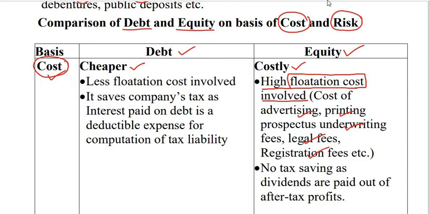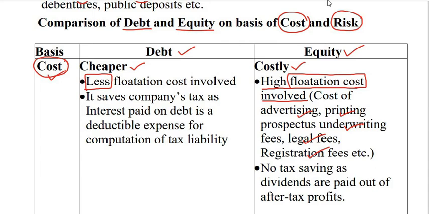So if you are issuing equity in the market, the flotation cost is very high. But if you compare it with debt, debt involves less flotation cost. So this is the first reason why equity is costly for the company, whereas debt is cheaper.